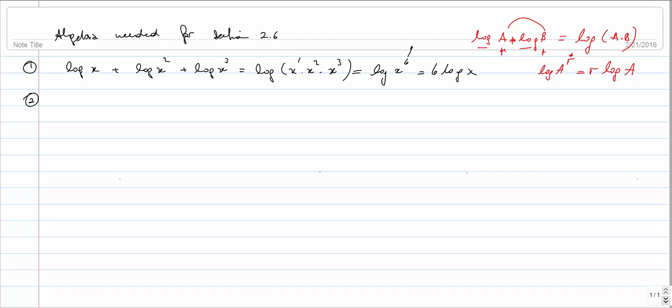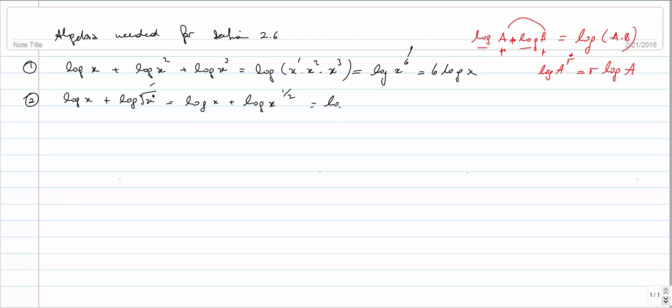Alright, problem 2: log x plus log square root of x. First I need to write it with an exponent instead of a radical. To convert into an exponent, the 1 comes here, over your index, which is 2.